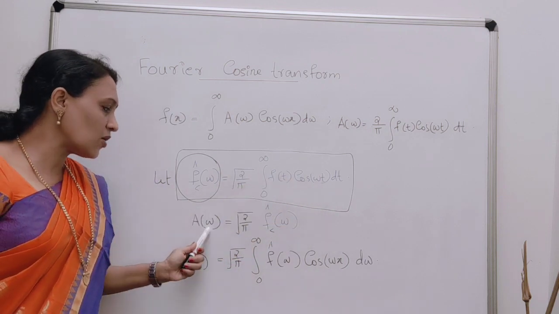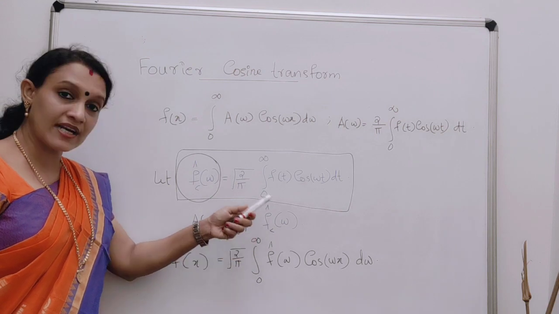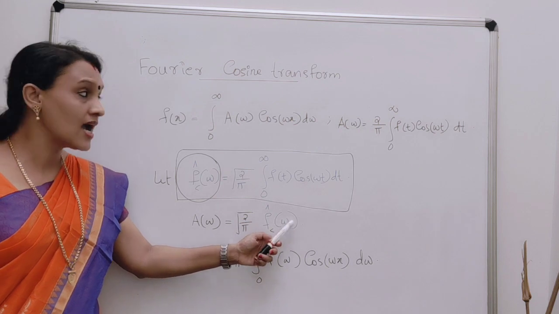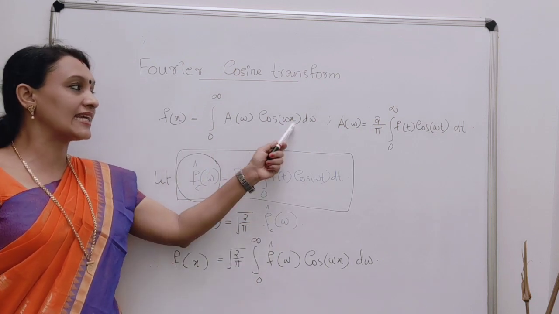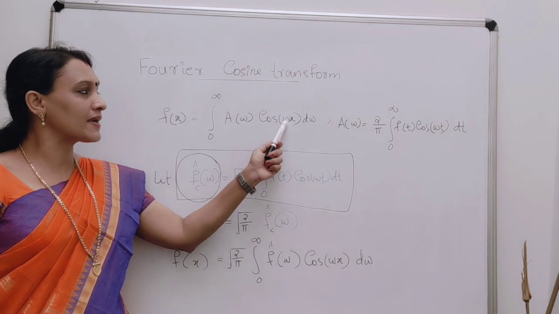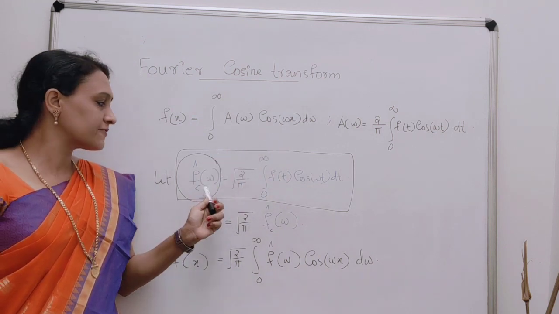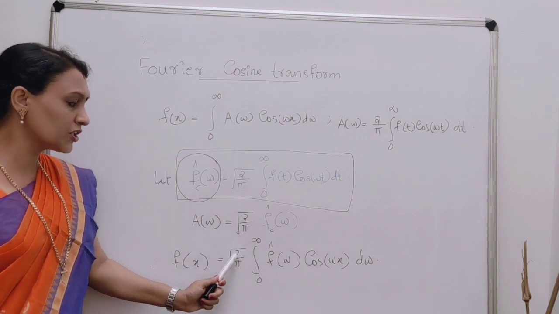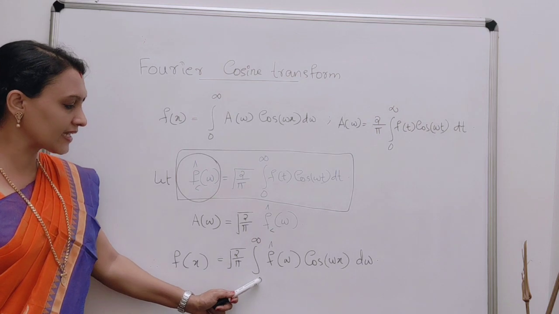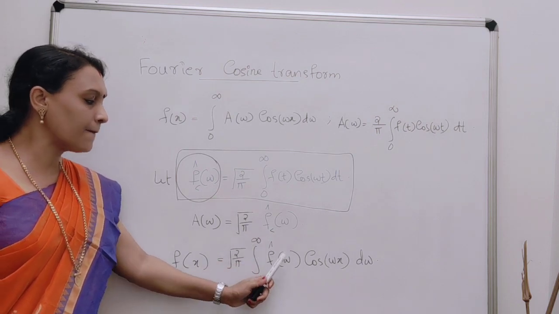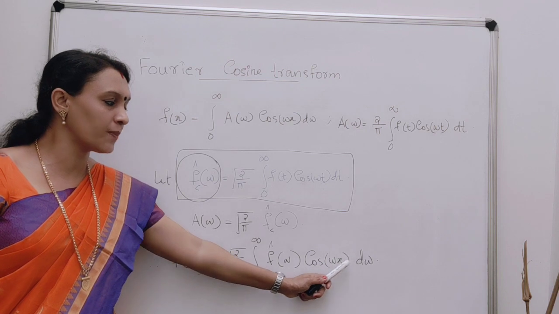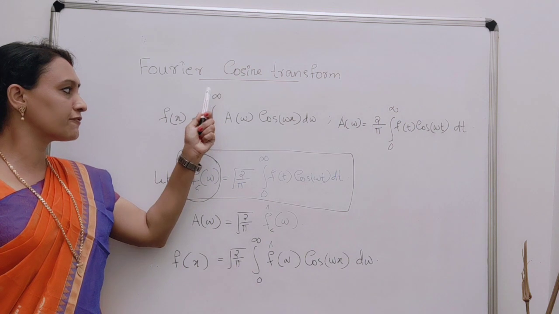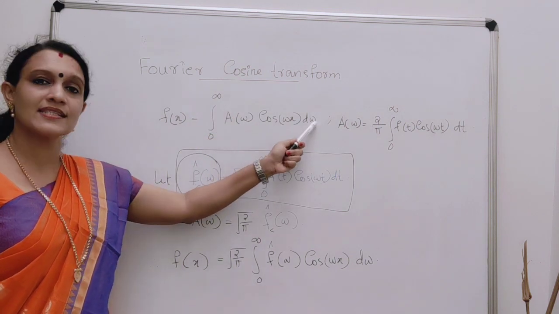And when you write A omega as root of 2 by pi into F c cap omega, then our f of x, the Fourier integral representation, can be expressed in terms of F c cap. How? f of x is equal to root of 2 by pi into integral 0 to infinity F c cap omega into cos omega x d omega. We know f of x is integral 0 to infinity A omega cos omega x d omega.